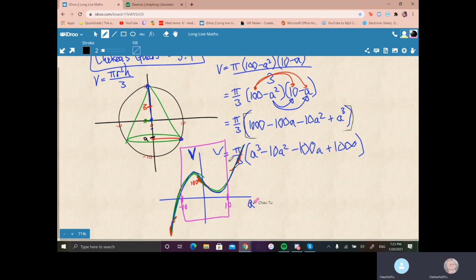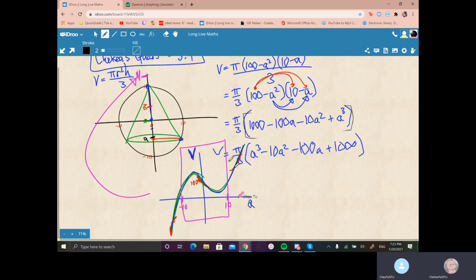So it's pointless looking for this point because it's beyond our domain. For example, what's the point of having an A at 11, Chelsea? Look at our diagram. 11's up here. Can you see that? It's not even in our sphere. When A is 11, it's meaningless. Chelsea, do you understand? Yeah, or nay?